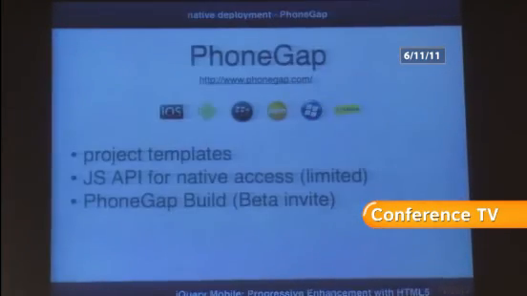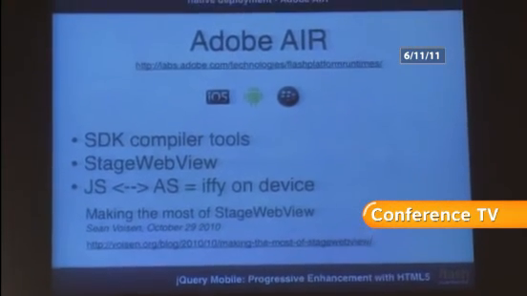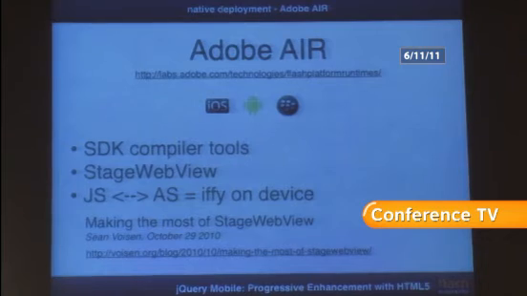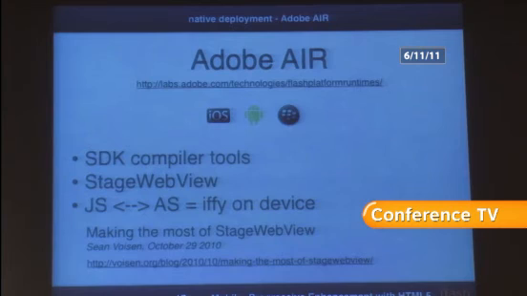So yeah, PhoneGap and Air were the easiest. That's just to take an existing application, drop it in, and publish it. With Air, I used the stage web view, pointed to the main file and was up and running. The only thing with Air is the communication between JavaScript and ActionScript is a little iffy, and Sean Voisin wrote an article about that communication. I've gotten it to work sometimes and sometimes not.